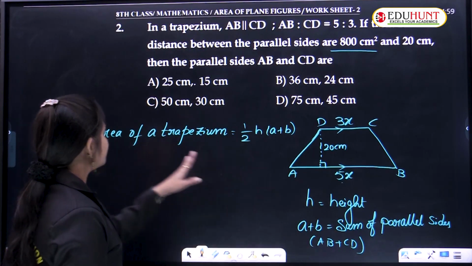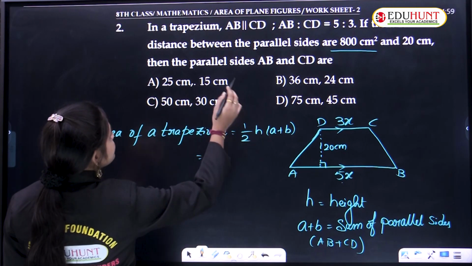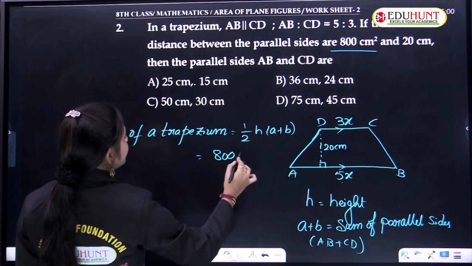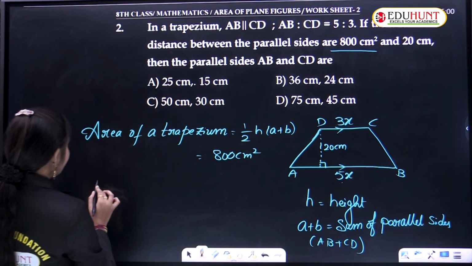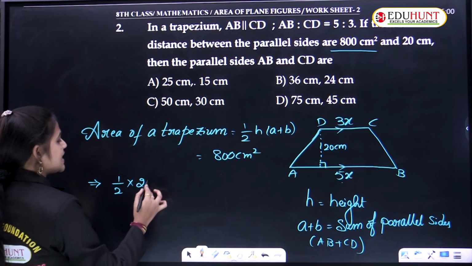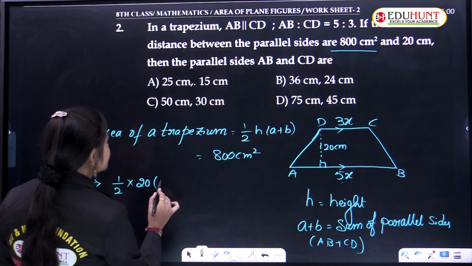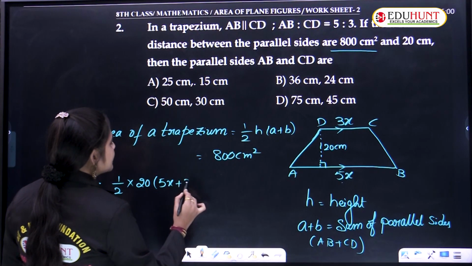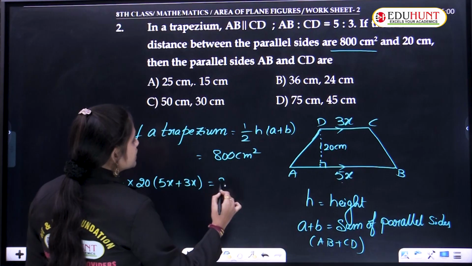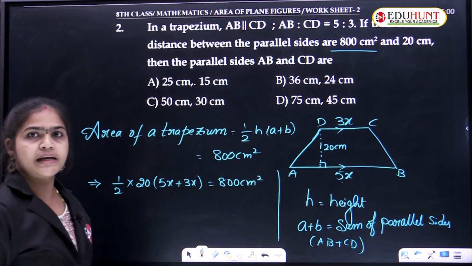Am I clear? Now substitute the values here, and the area is already given, which is equal to 800 centimeters square. Now half into h, which is 20 centimeters, and the sum of the parallel sides, 5x plus 3x, is equal to 800 centimeters square. Clear to you?